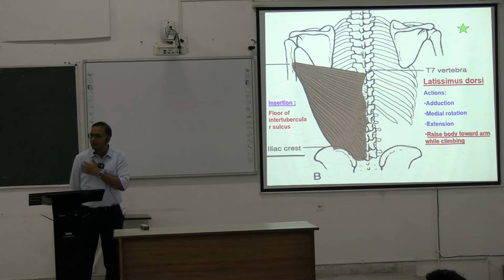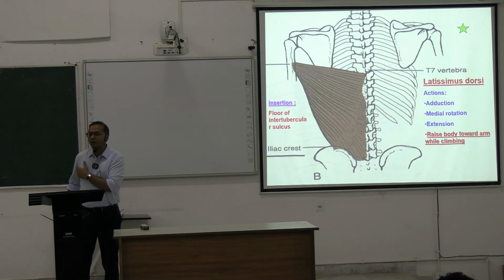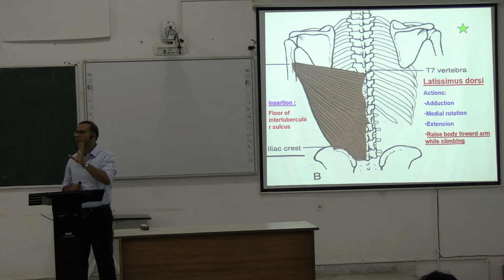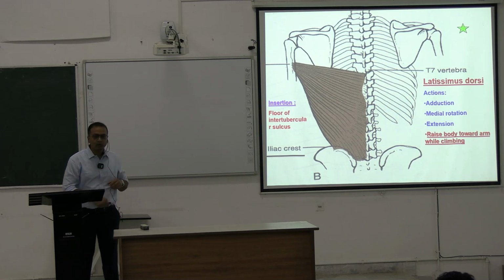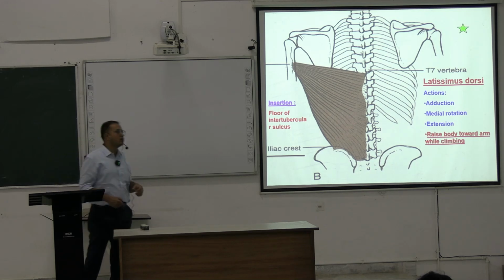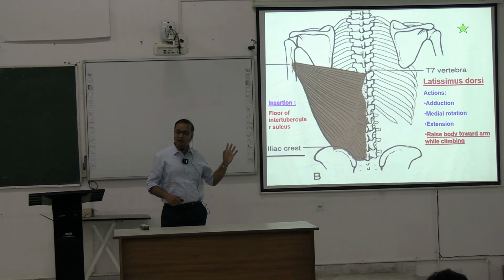So it helps in bringing the arm close to the body, as well as in extension, putting the arm backwards. So extension, adduction and pulling up are the three prime actions. Along with that, remember the medial rotation. I will talk about medial rotation and lateral rotation to make these things a little clearer, and how to decode the actions.